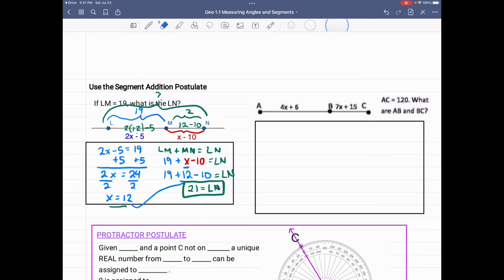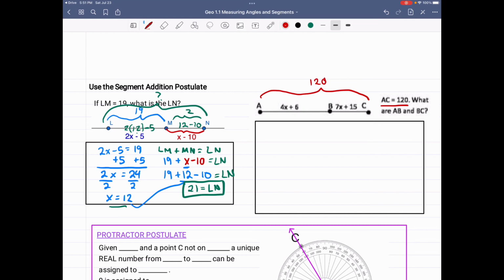Okay, this next problem is very similar to the last. I'm going to color code a little bit. AC equals 120. What are AB and BC? Well, the whole line segment is AC, and that is 120. They want us to find the length of AB and the length of BC. Well, before we can do that, we need to figure out what x is.